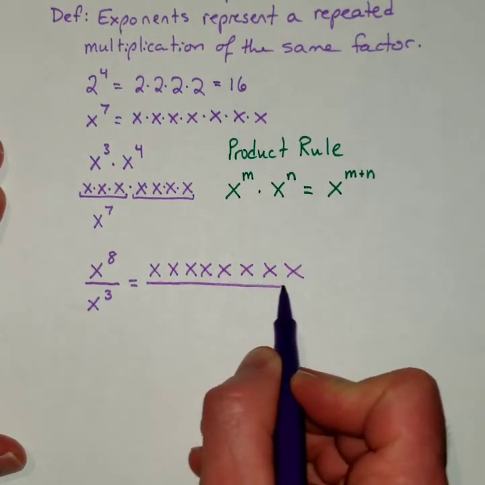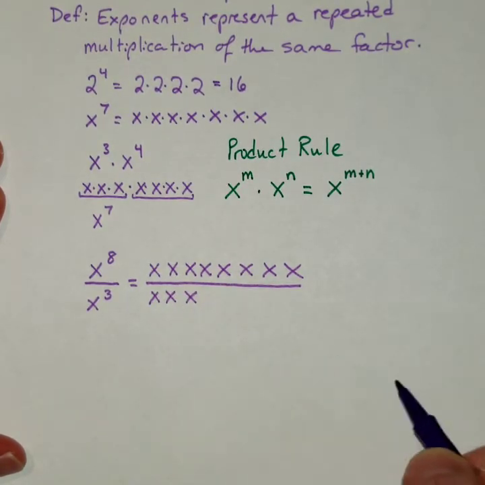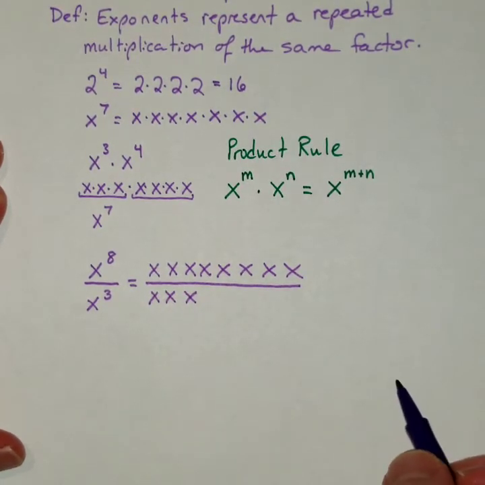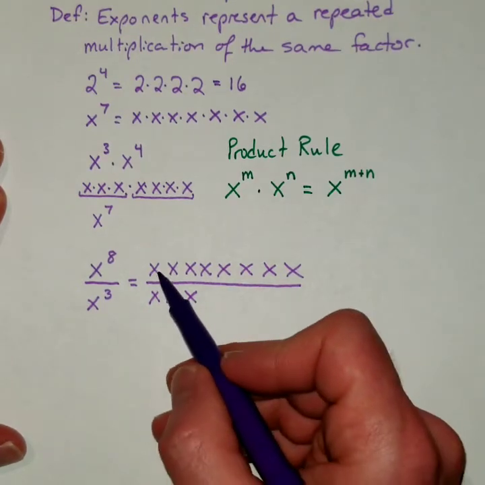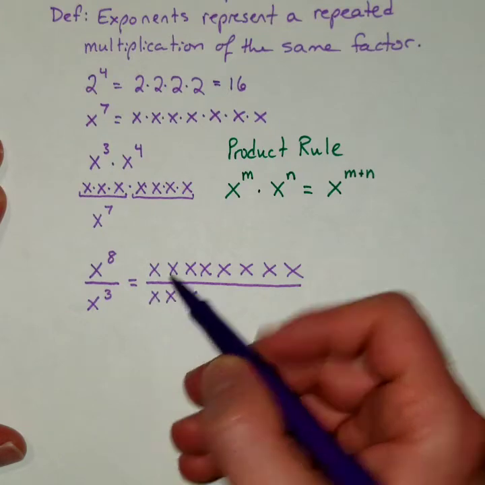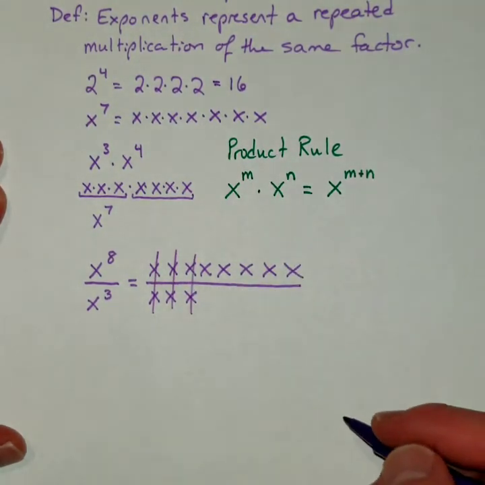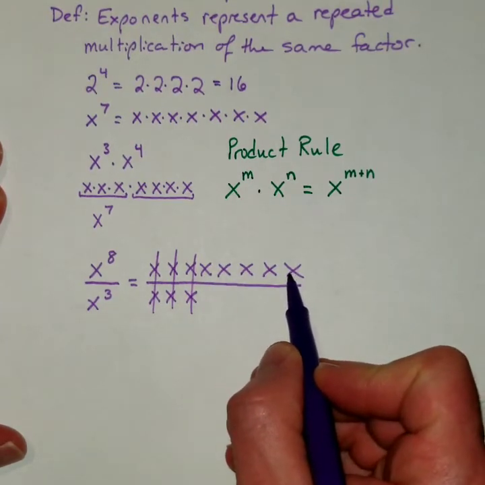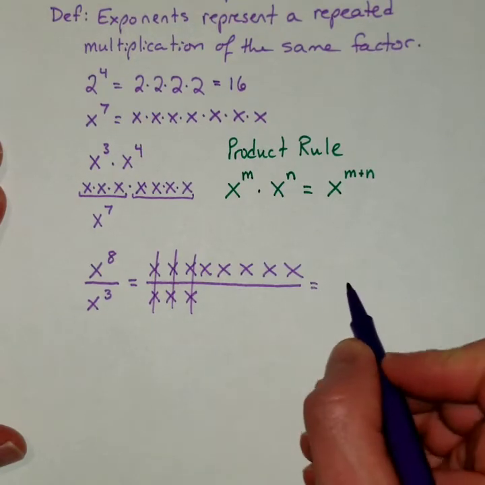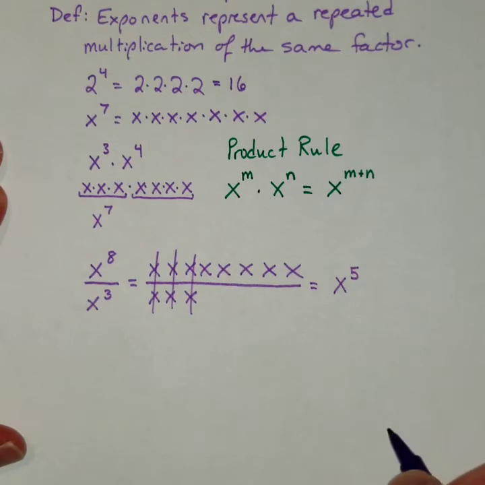And I'm going to divide that by 3 more factors of x. Now you guys know that when you have a common factor in the numerator and denominator, they can cancel off. So I can cancel off 3 factors of x, and I will be left with 5 factors on top, if you count those up. Okay, so that would be x to the 5th.